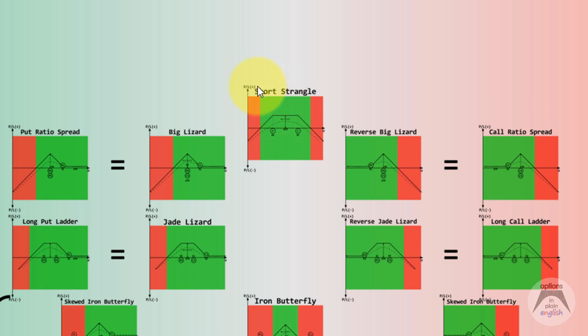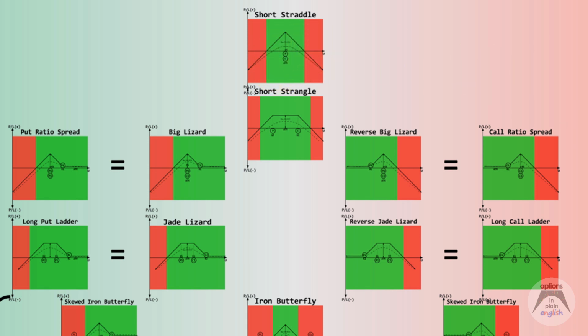Okay, so this is a strategy that's especially suited for very high IV environments. And the extreme example, when you have the highest level of IV, would be a short straddle. You just sell the put, sell the call right at the money. Why? Because at the money has the highest Vega.